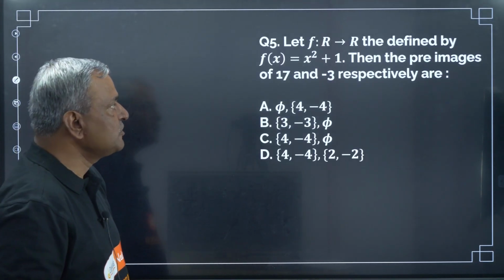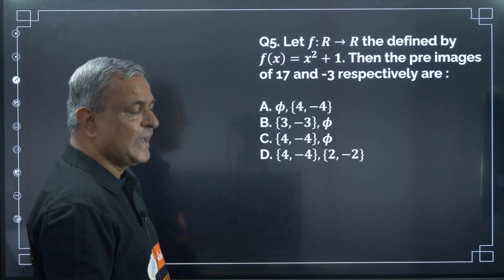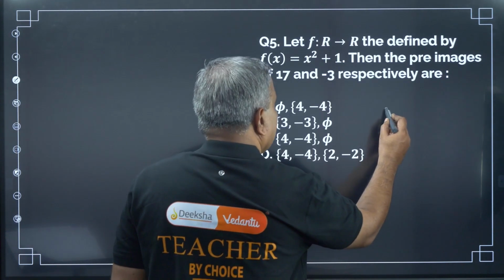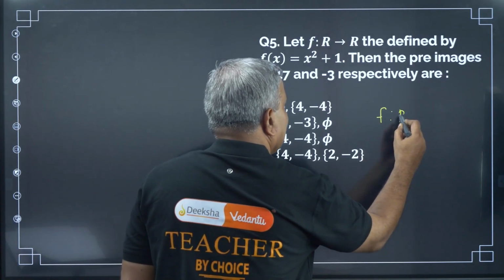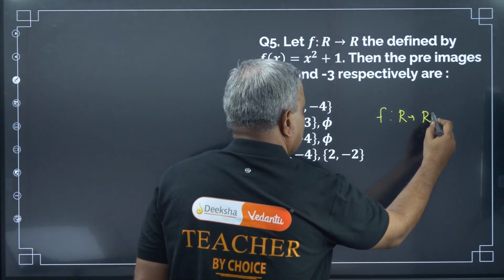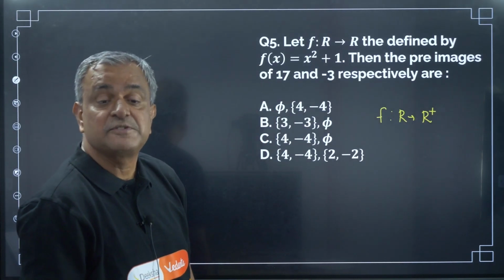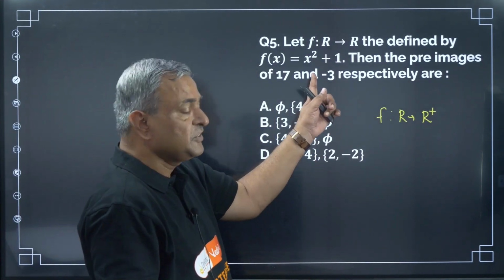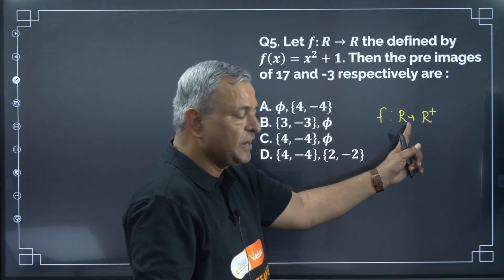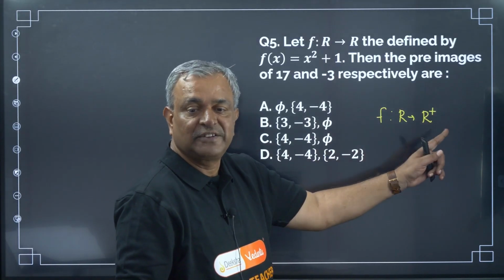Real numbers to real numbers is defined here, but they have to give f from real numbers to positive real numbers, because the output of x square plus 1 will always be positive; it can't be negative. So real numbers to R plus, that's the error they made.